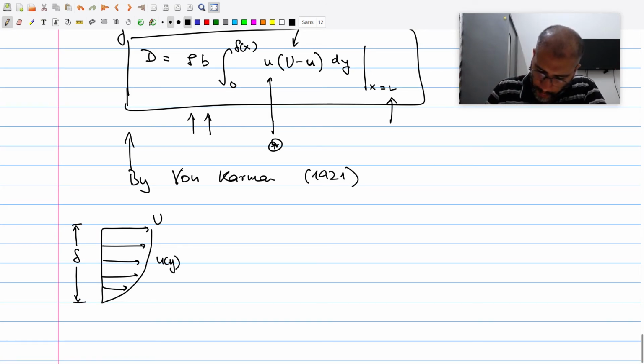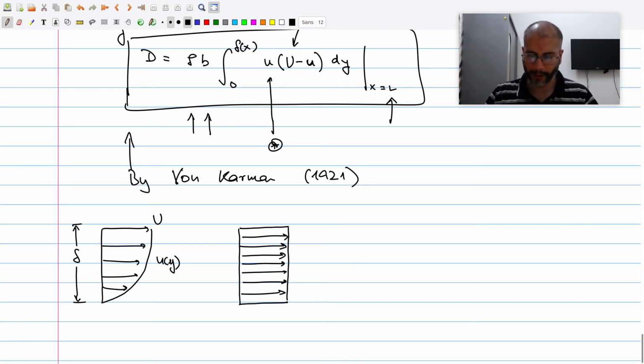Now if the flow velocity was uniform, then it would look something like this. Okay, but that is not the case. In this case, the flow velocity is not uniform. It is actually going from 0 to capital U.